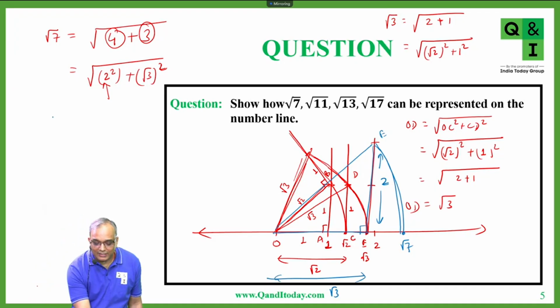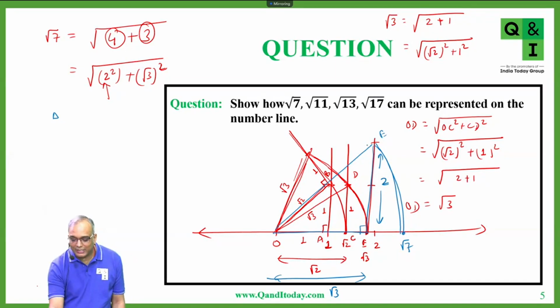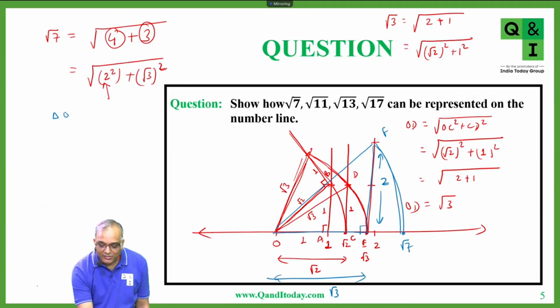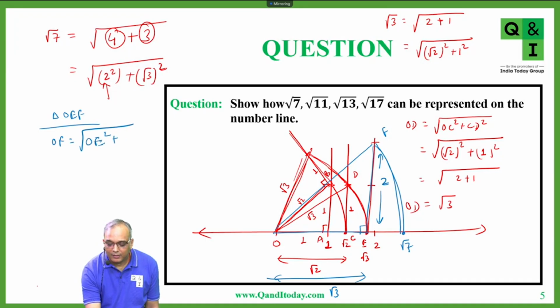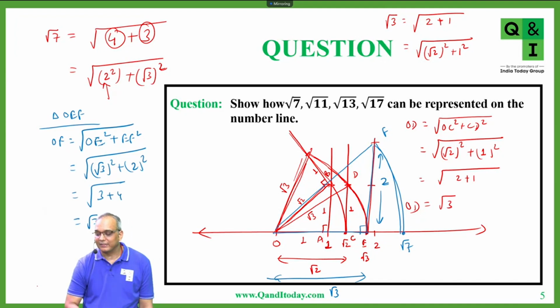So in the triangle, we will take the triangle as OE and, okay, let's take this as F. So in triangle OEF, we have OF is equal to root under OE square plus EF square, which is root 3 square plus 2 square, 3 plus 4, which is root 7.